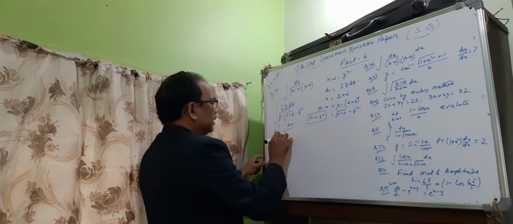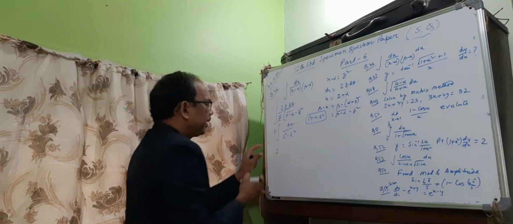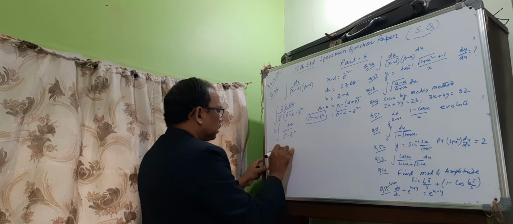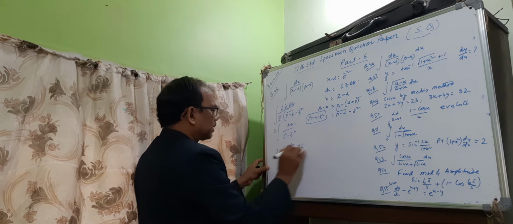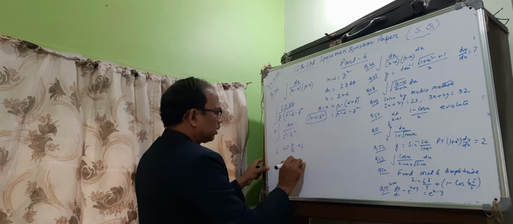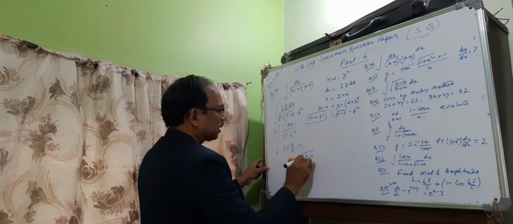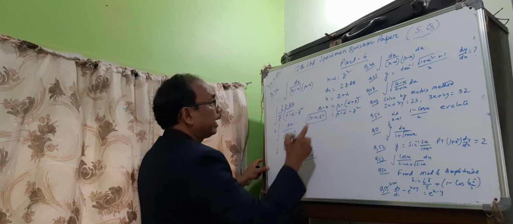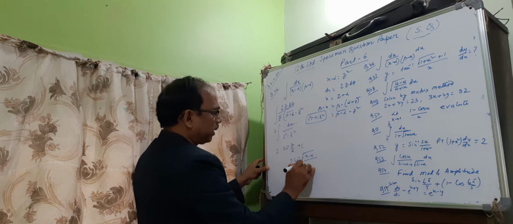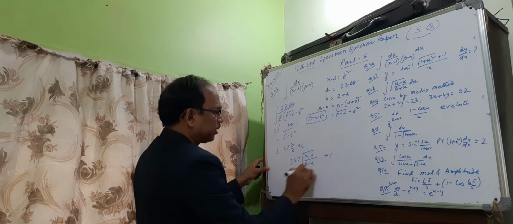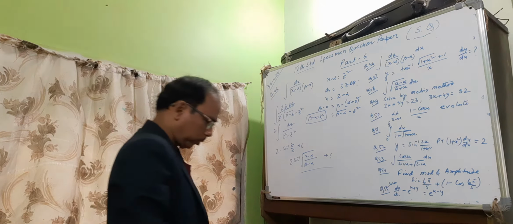This is k square minus z square, that is 2 sine inverse z by k plus c, that is 2 sine inverse z means root over of x minus alpha, and k is root over of beta minus alpha, plus c. That is the answer of question number 46.